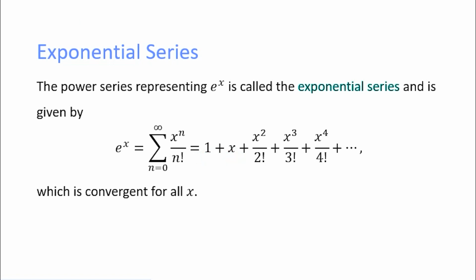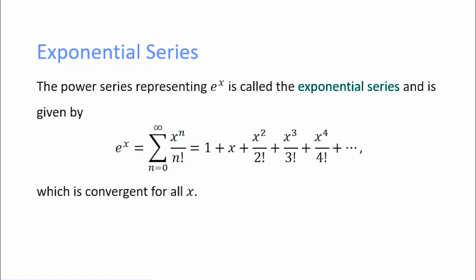I think starting from the third term, it's very clear, but the first two terms need a little bit more explanation. Well, the first term comes from n equals 0. Let's substitute 0 into this formula. x to the power of 0 gives us 1, and 0 factorial is also 1 by definition.